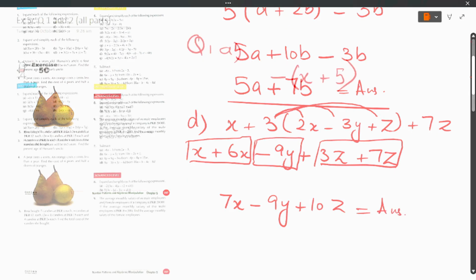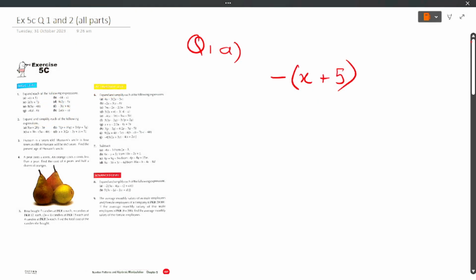So what is in between this minus and this x? What is in between? Multiply. What is the meaning of this bracket? It is basically allowing the outer value to multiply inside. So I am going to multiply minus with this x first. What is the sign with this x?